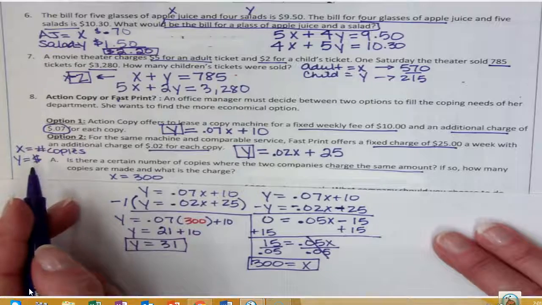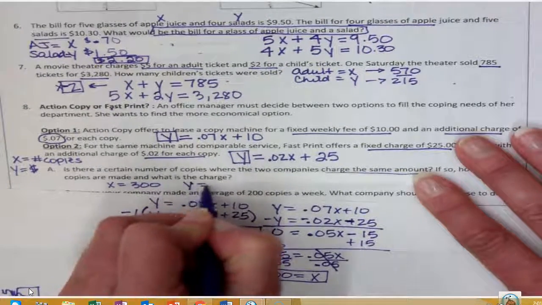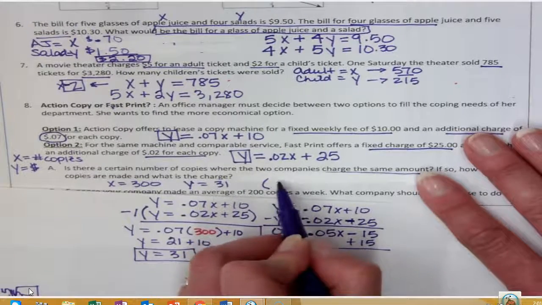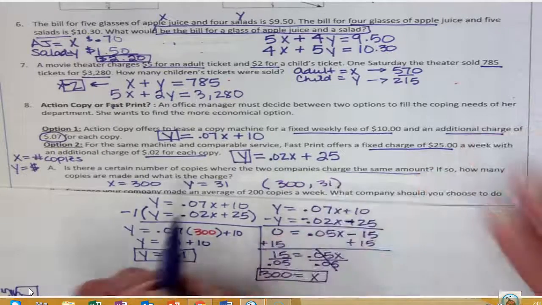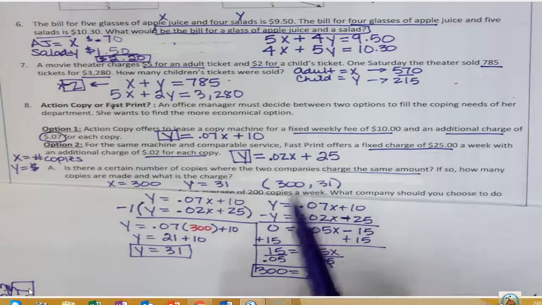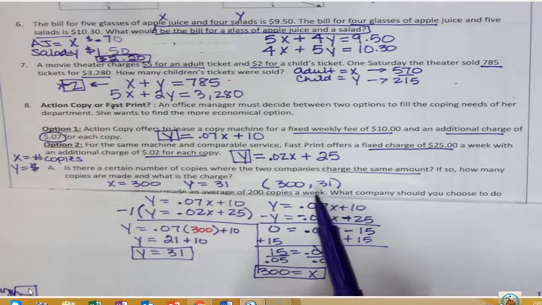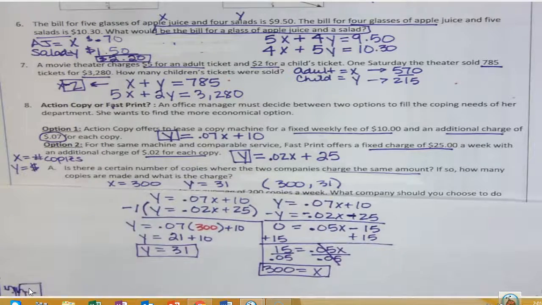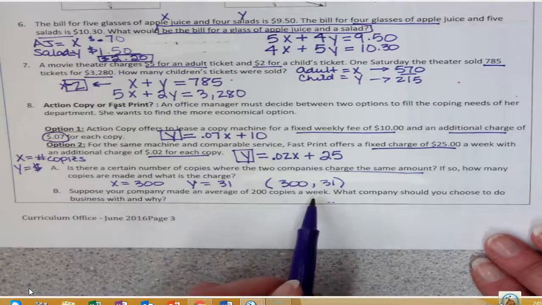And that is the dollar amount that I would be paying. So y equals $31. So in an ordered pair, it would look like (300, 31). So if I had a graph, when x is 300 and y is 31, that's where these two lines would intersect.